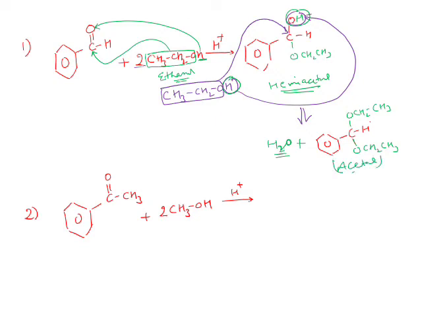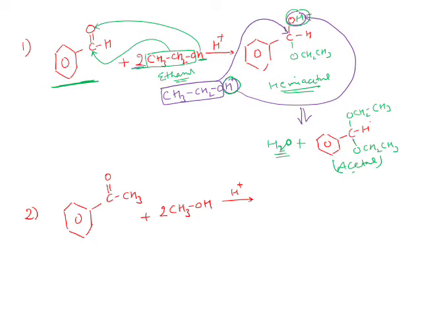So these are the products that we're gonna get when we react an aldehyde, benzaldehyde, with 2 molecules of ethanol. When one molecule of ethanol reacts with an aldehyde, you're gonna get hemiacetal, and when another molecule of the alcohol reacts with hemiacetal, you're gonna get a complete acetal.